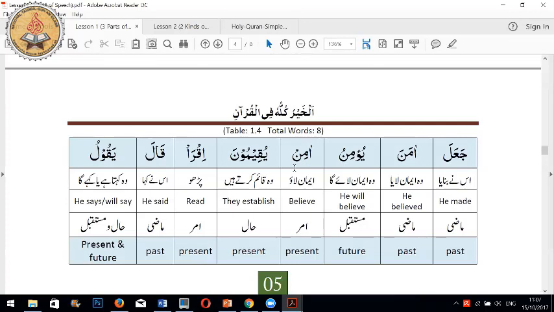And then again, the next word, amana. Amana has come also several times in the Quran. He believed. Amana, he believed.